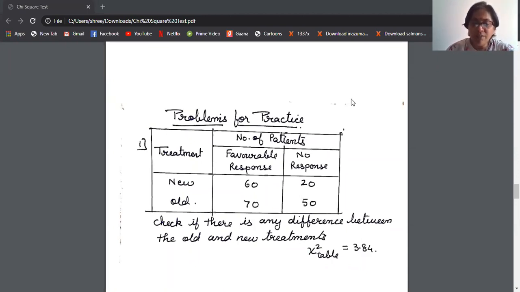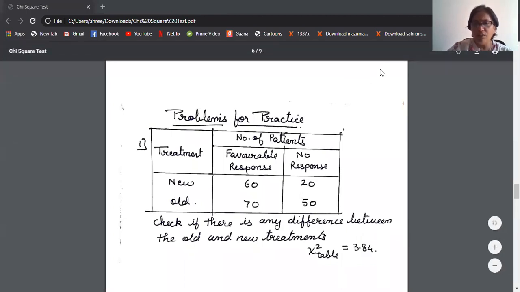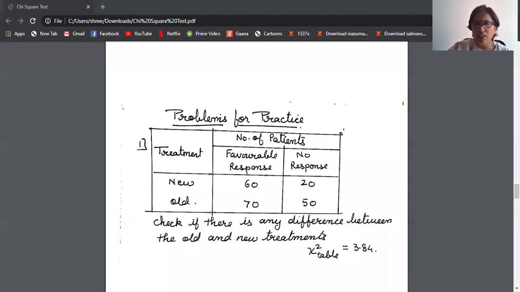Now, you have to check if there is any difference between the old and the new treatments.